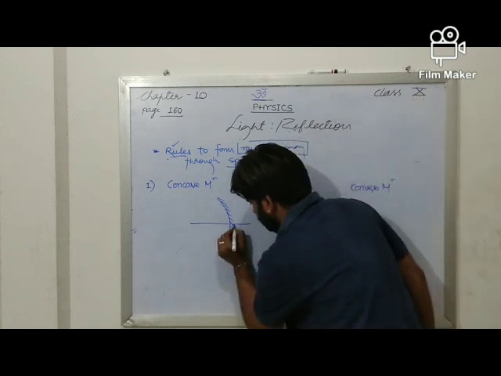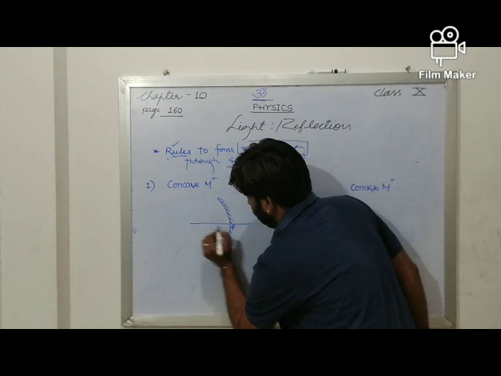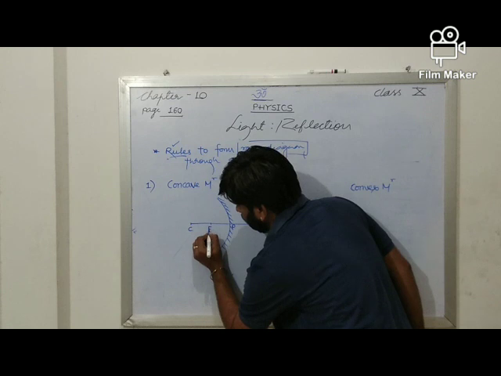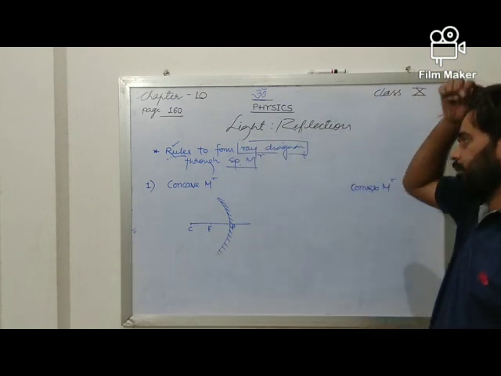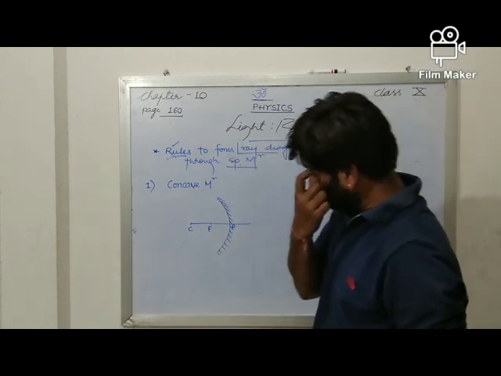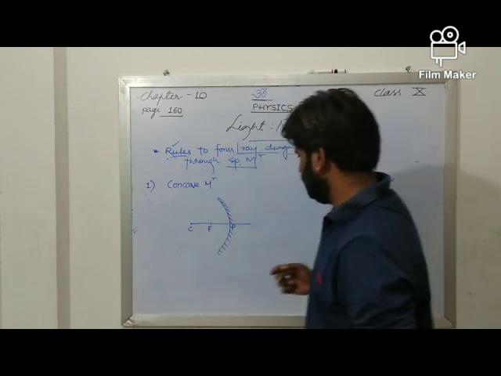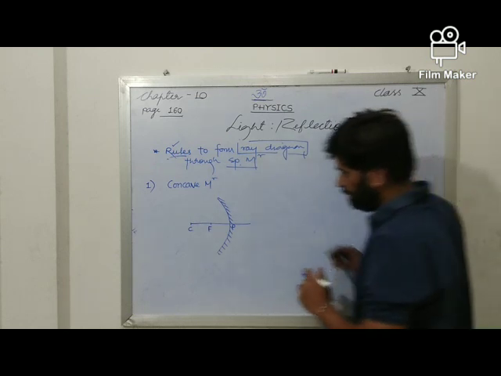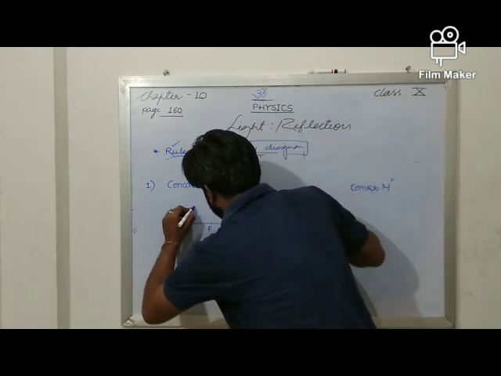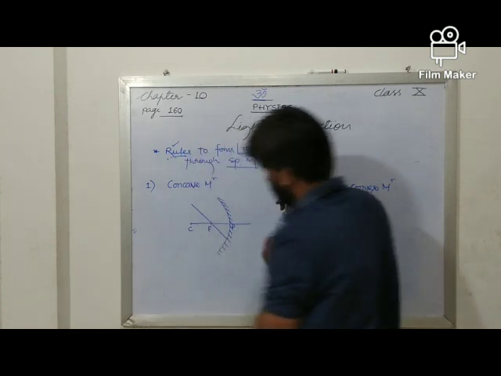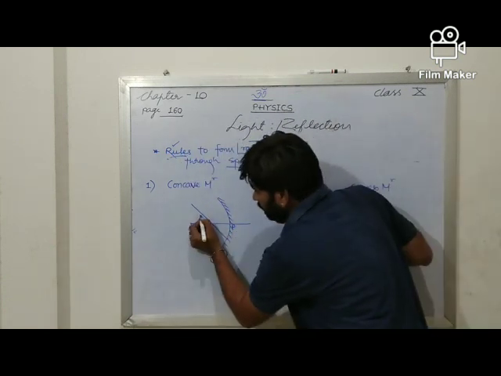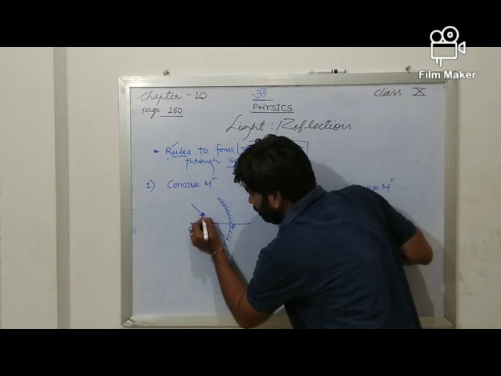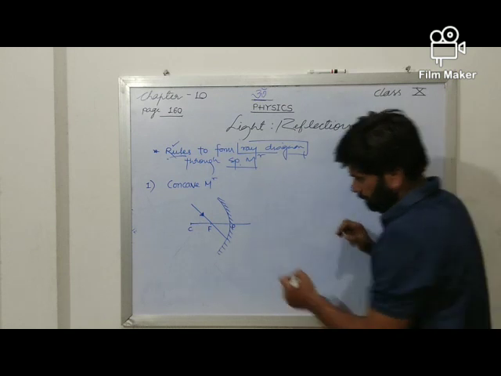This is the pole, this is the focus, this is the center. Now, rule number 2. It says, when a light passes through the focus.